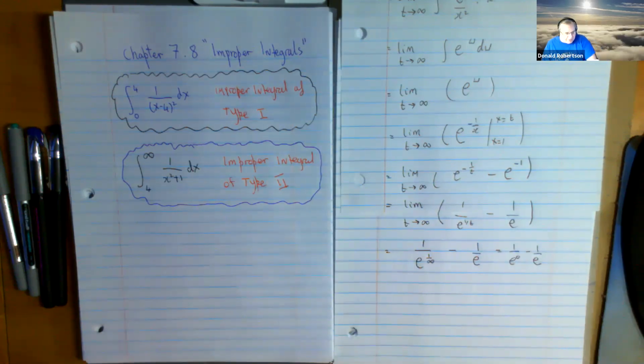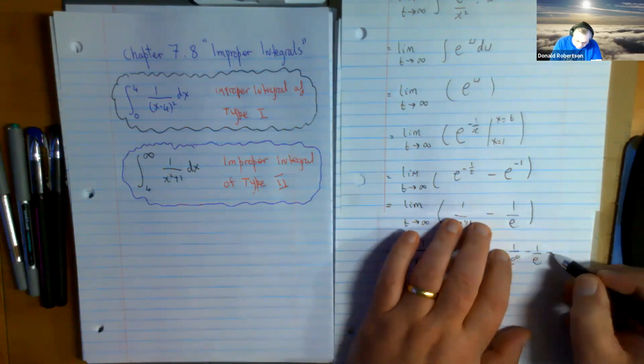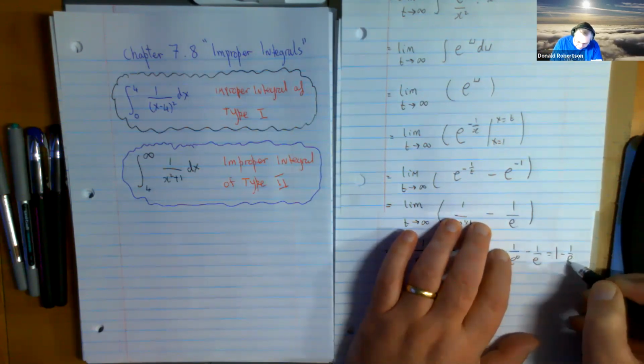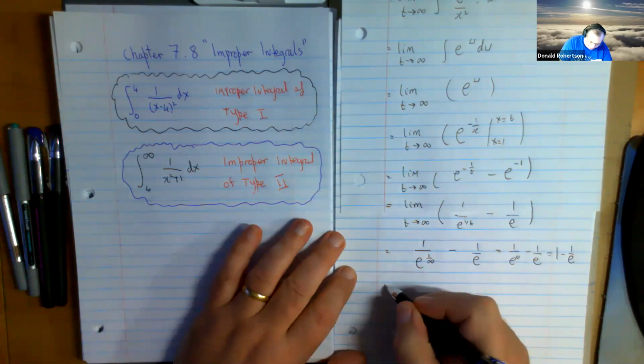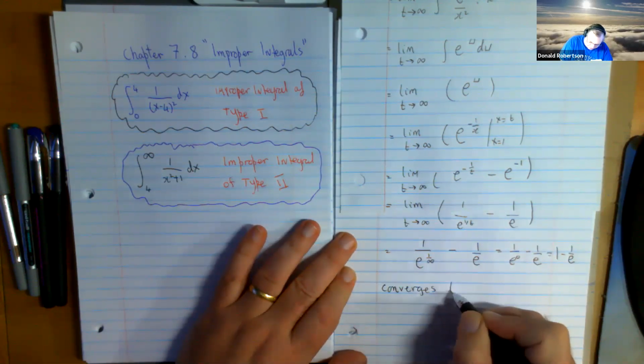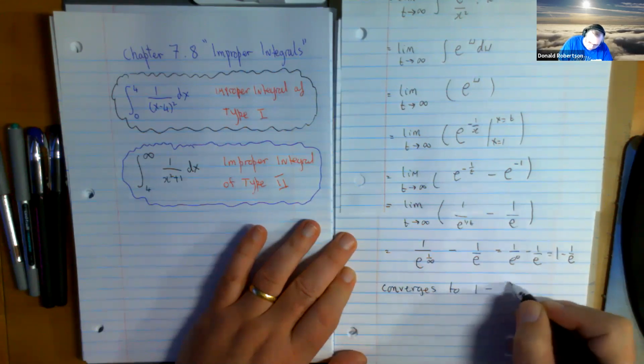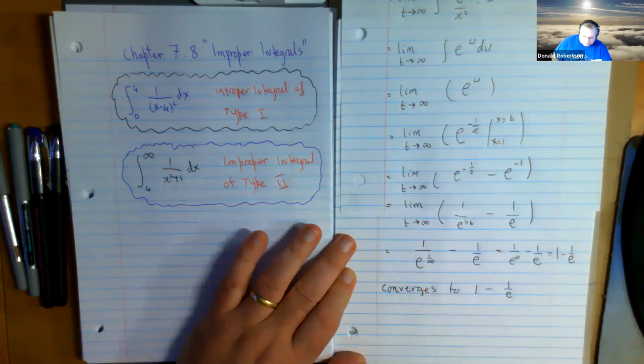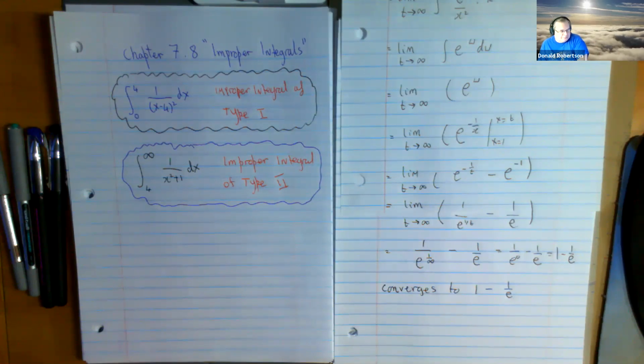What number is e to the power of 0? 1. So 1 over 1 gets you 1. And we have got a number, which means that this thing converges to 1 take away 1 over e. Cool question. Came out nice.